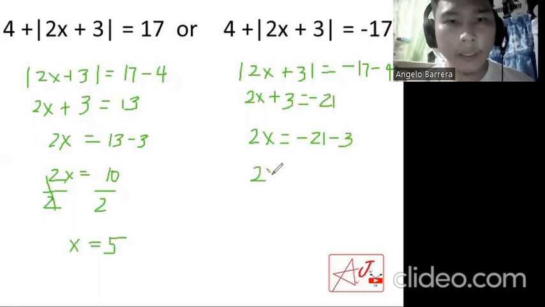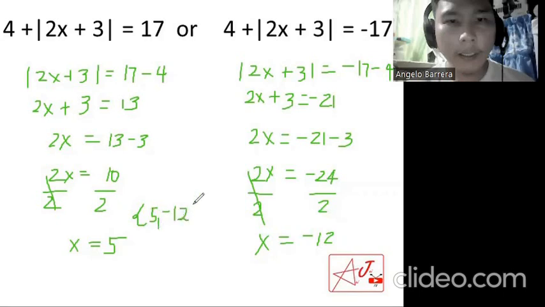Okay, 2x equals, so same sign ulit, add natin, 21 plus 3, that will be 24. And since may numerical coefficient pang 2, divide both sides by 2. And then the value of x here ay negative 12. So, ang ating solution set ay 5 and negative 12.